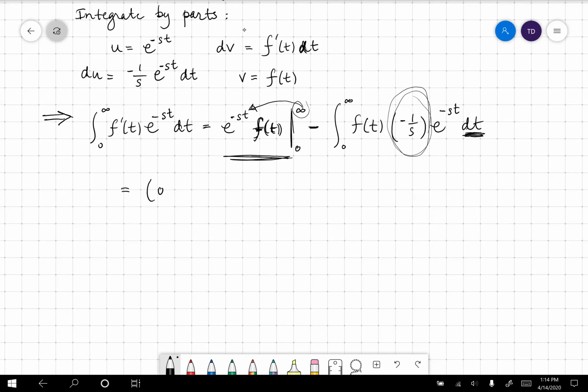At the lower limit, when I plug in 0, I get e to the 0, which is 1, but it multiplies f of 0.